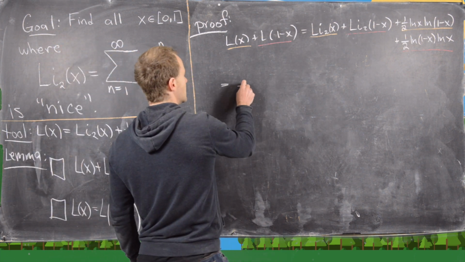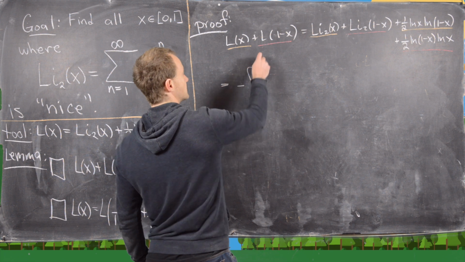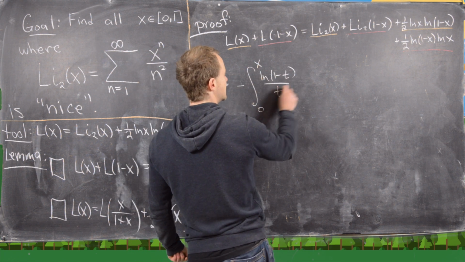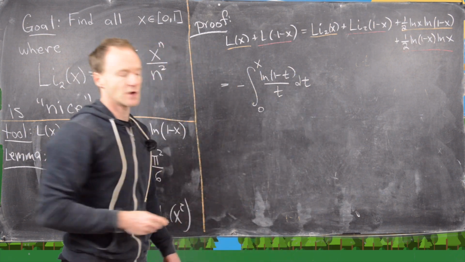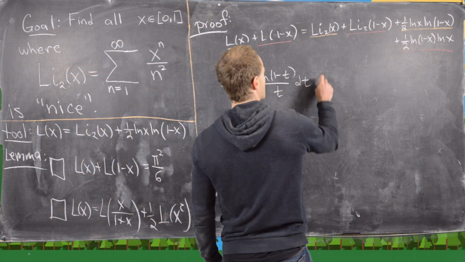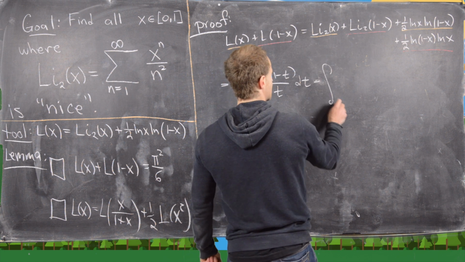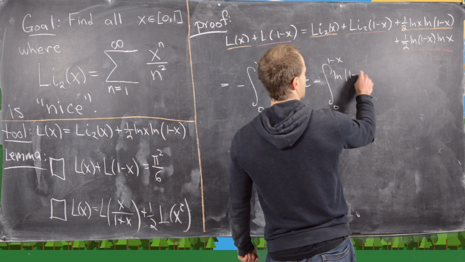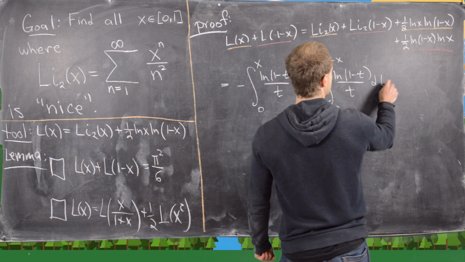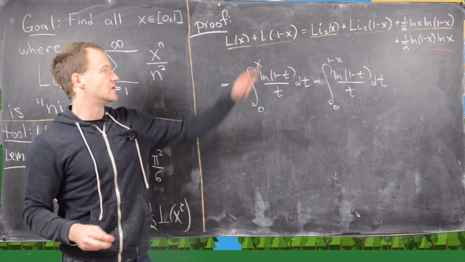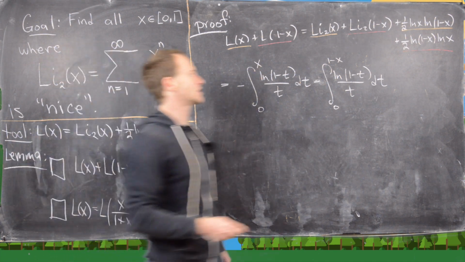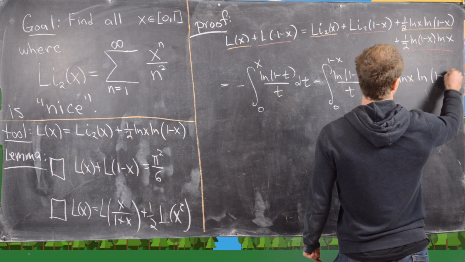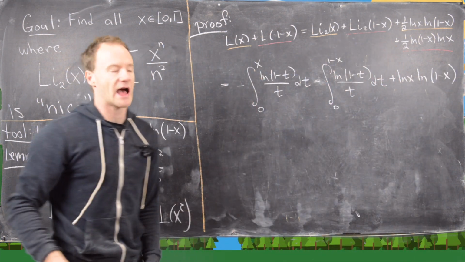So this one in yellow is going to be minus the integral from 0 to x of natural log of 1 minus t over t dt. And this one in red is going to be minus the integral from 0 to 1 minus x of natural log of 1 minus t over t dt. And then those two natural log terms combine to give us the natural log of x times the natural log of 1 minus x. No longer is there a half there.